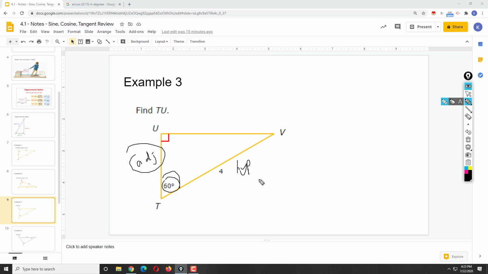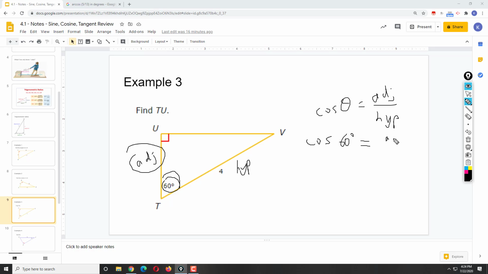This means that we can use cosine. We can also use secant, but either way works. So cosine theta is going to be adjacent over hypotenuse. Our angle is 60 degrees. Cosine of 60.